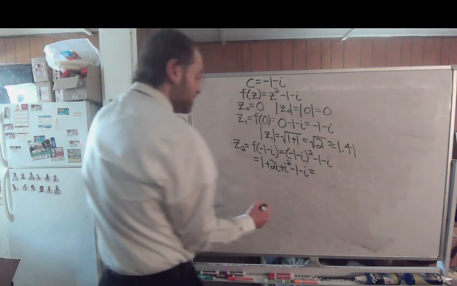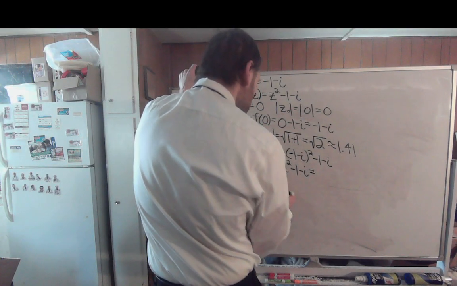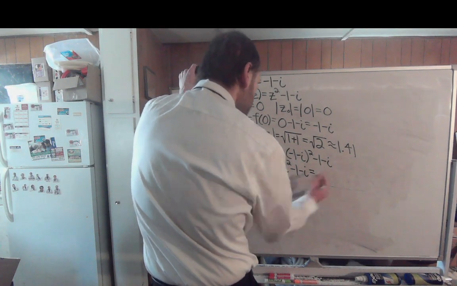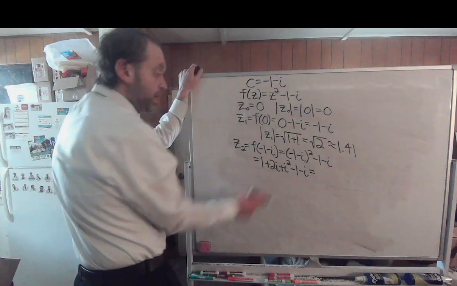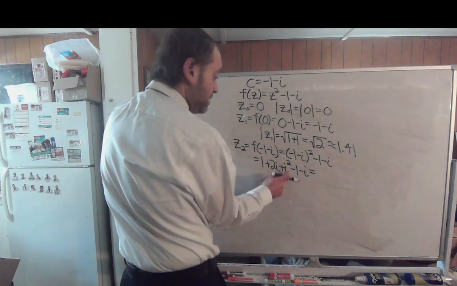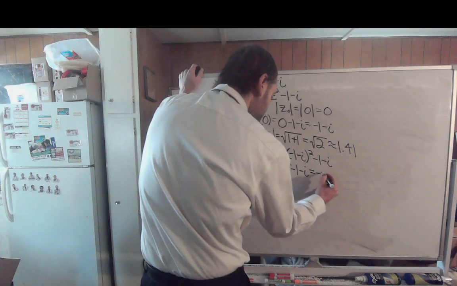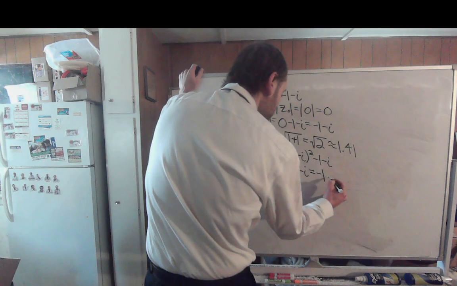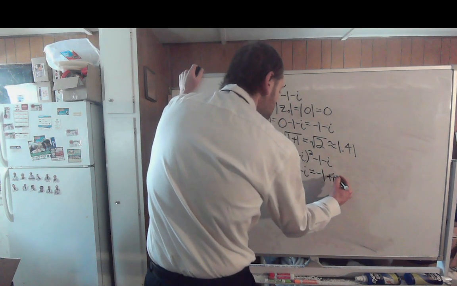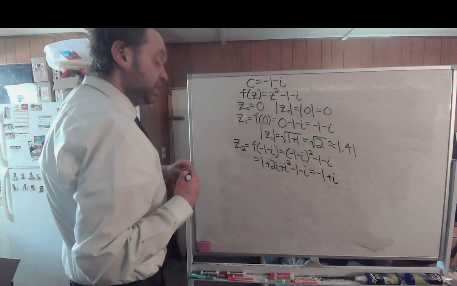So this will turn into, let's see, this would just become 1, the i squared is negative 1, so 1 minus 1 is 0, minus 1 is negative 1. 2i minus i is plus i. So this will turn into negative 1 plus i.